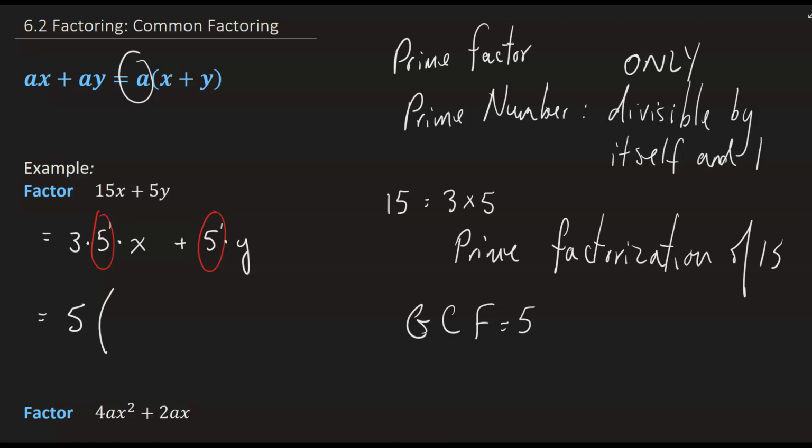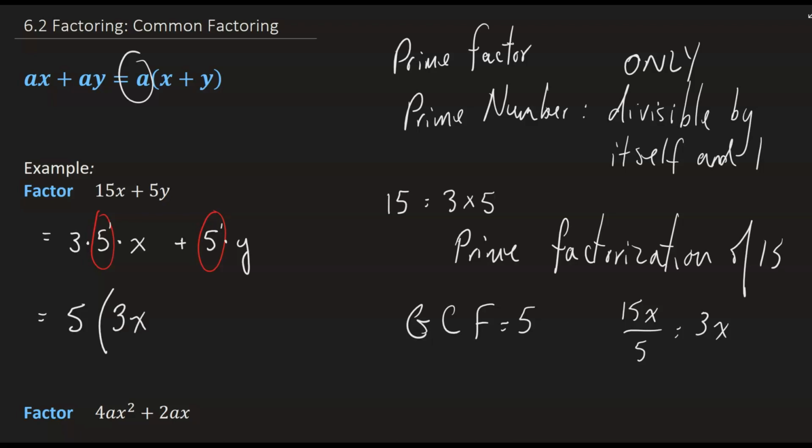Now, each term I must divide by the greatest common factor. So the first term is 15x. Divide by 5, we get 3x. So the first term inside the bracket is 3x.